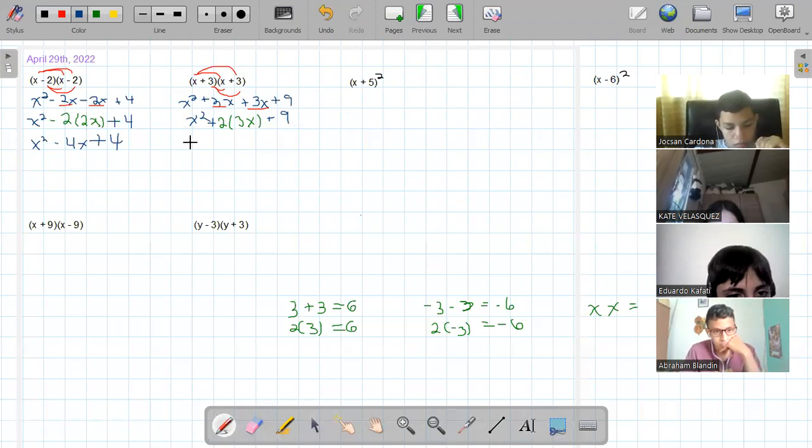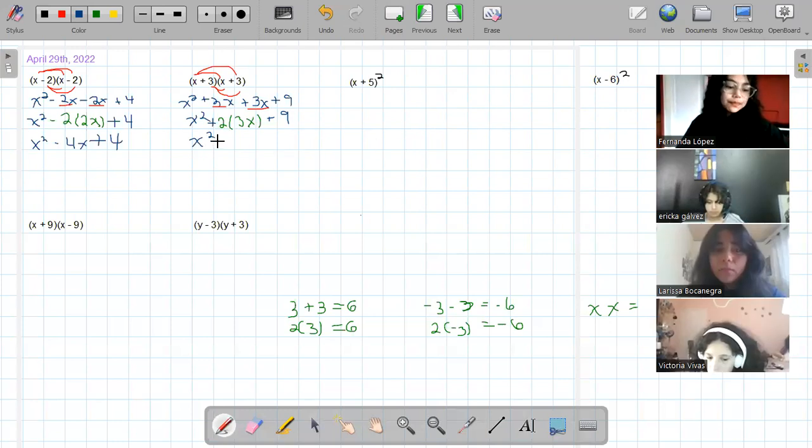Exactly, Isabella. Now, x squared, how much is 2 times 3x? 6x. Plus 9. And this is the final answer. As you can see, this was not easy. This is something that you already know.